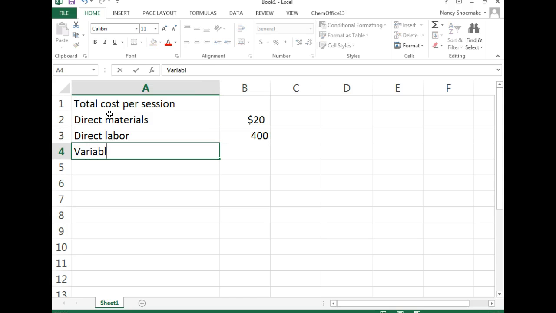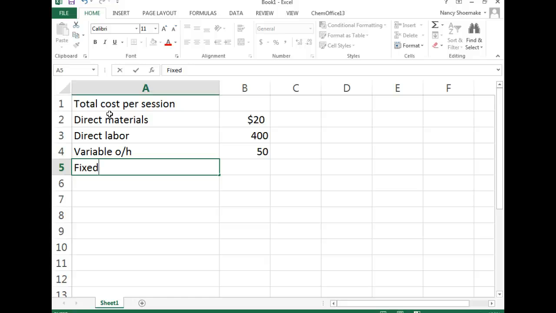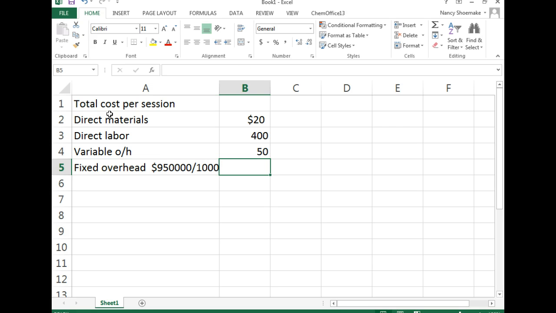Our variable overhead, our fixed overhead is going to be 950,000 divided by 1,000, which is going to be $950.